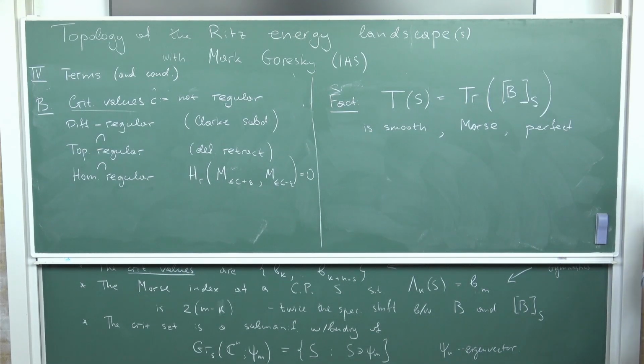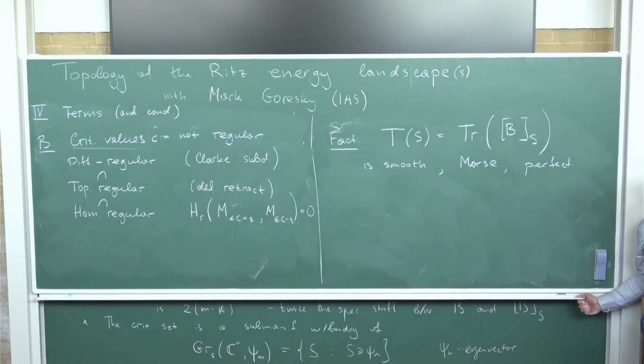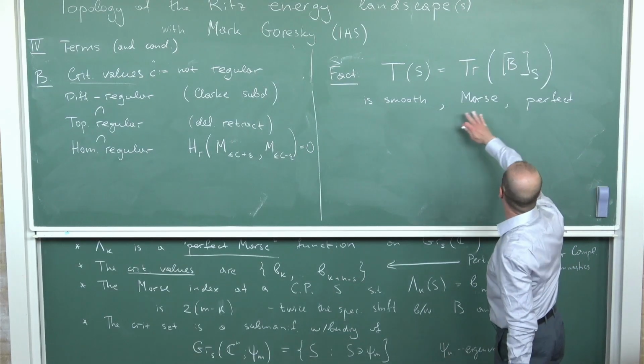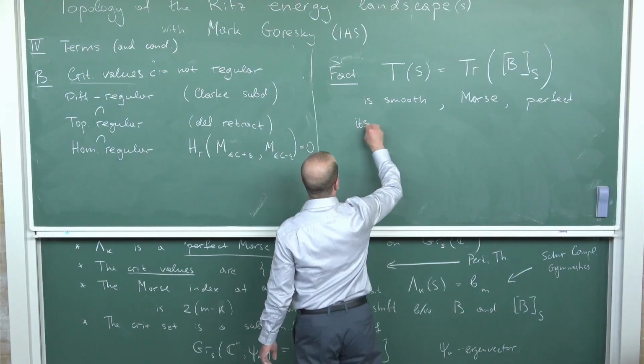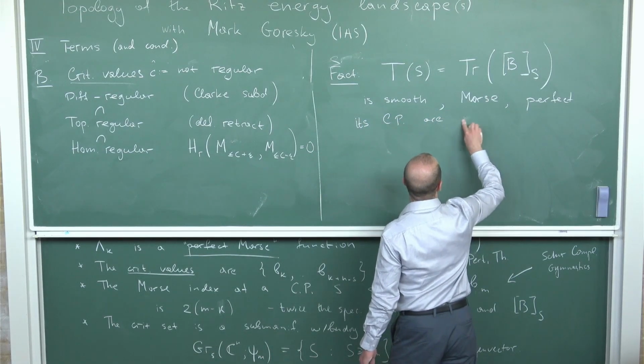And let me show you. Let me define what we do with it. So it's smooth, Morse, perfect. Its critical points are the special points.